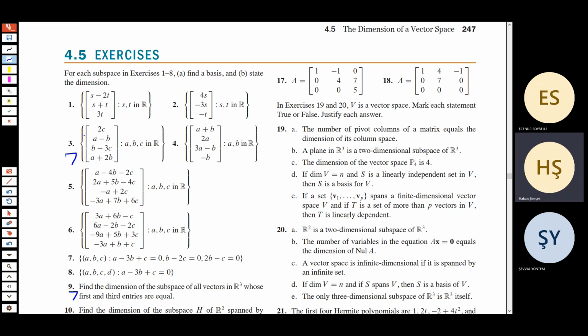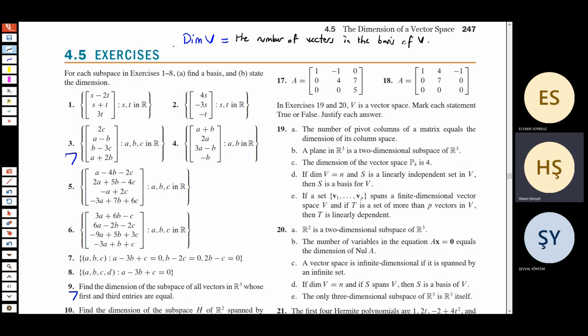The dimension of a vector space, if you remember the definition, is the number of vectors in the basis of the vector space.